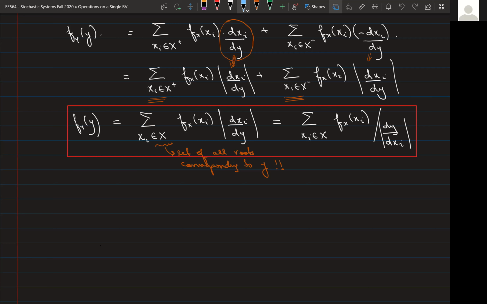ठीक है? सर अगर कांस्टेंट होगा हमारे पास फंक्शन, कैसे अप्लाई करेंगे फॉर्मूला? Okay, excellent point, Qazi. There's a disclaimer here that this is applicable only to the case where there are up to a countably infinite number of roots.